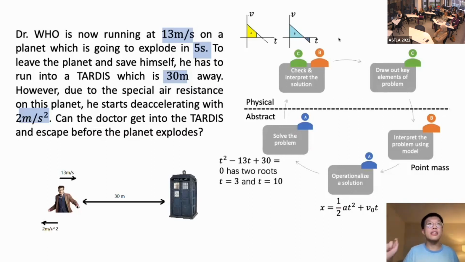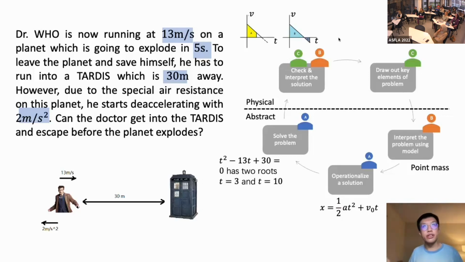Finally, they figure out that one answer corresponds to the Doctor getting into the TARDIS and leaving. Another one corresponds to Doctor Who decelerating and passing the TARDIS. Finally, when his speed turns to 0, it changes direction and he runs back to the TARDIS. So that one's longer. They use a diagram to help them understand what is going on in the two situations.